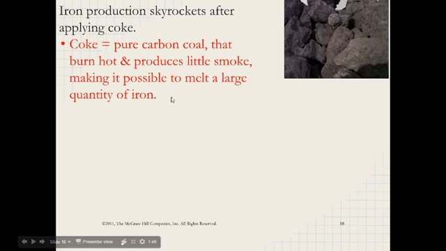Now, another kind of scientific innovation during this time is the use of coke. Not the soda, not cocaine, but carbon coal. Carbon coal basically allows you to increase the temperature when you are melting iron. So you have iron ore mixed with rocks, and you put it to melt.